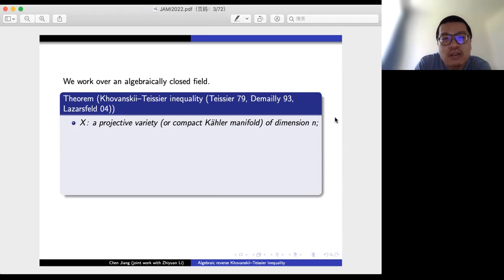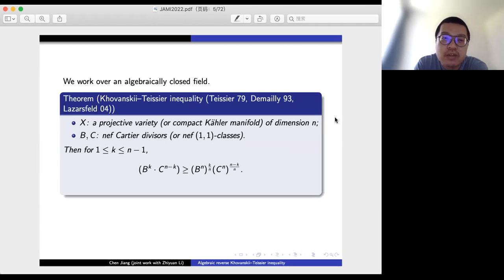Say X is a projective variety or a compact Kähler manifold of dimension n, and we consider two nef divisors or nef classes, B and C. Then we consider the intersection B^k times C^(n-k). This intersection number has a lower bound, estimated by the self-intersection numbers of B and C to certain powers.